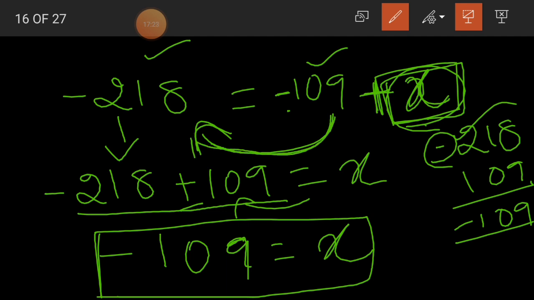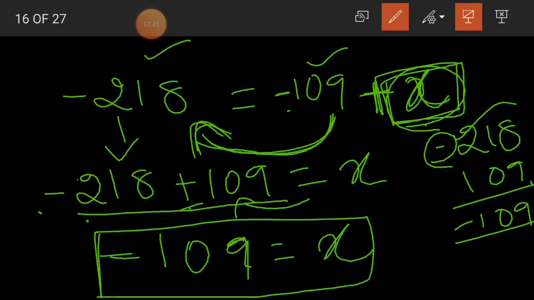Understood? What did we do? We took this minus 109 to the opposite side. The opposite of minus is plus, so it became a positive integer, and as both the signs are different, we subtracted them, and 218 is the higher absolute number. It has a negative sign, so we gave a negative sign to the answer as well.